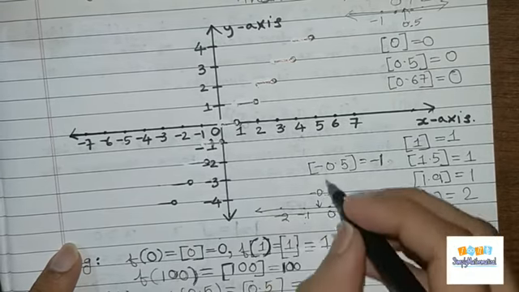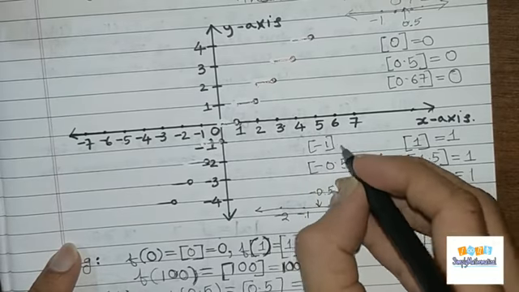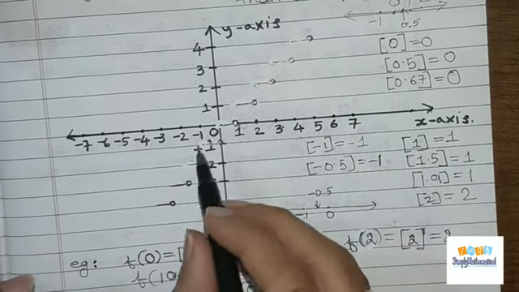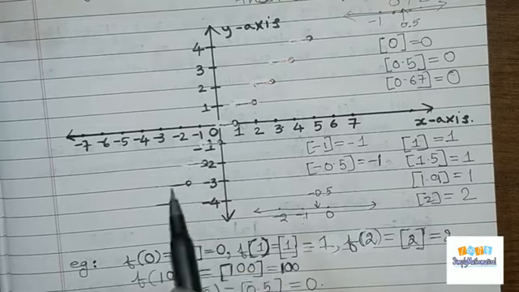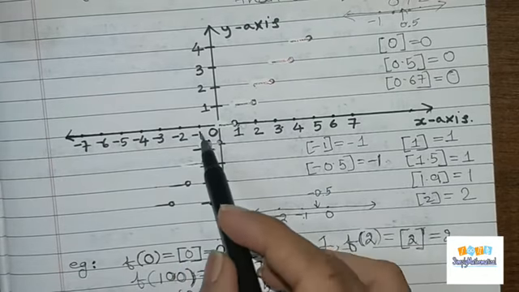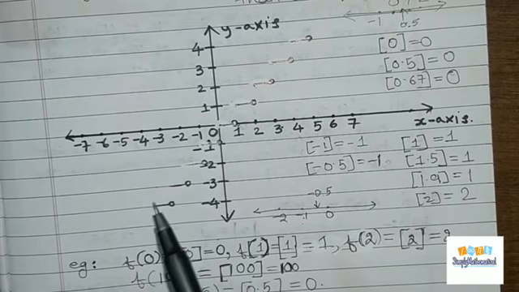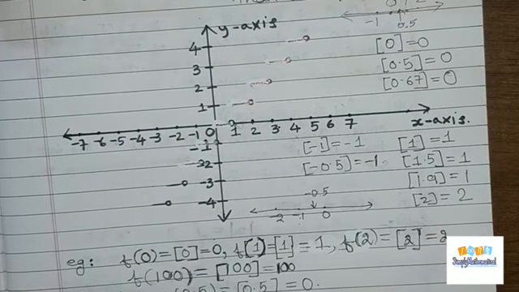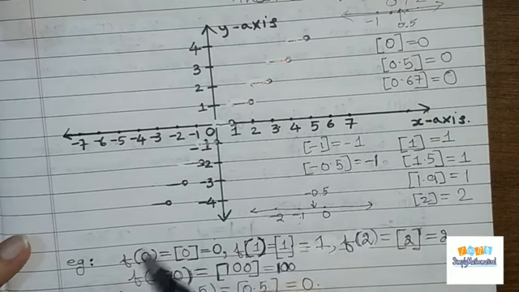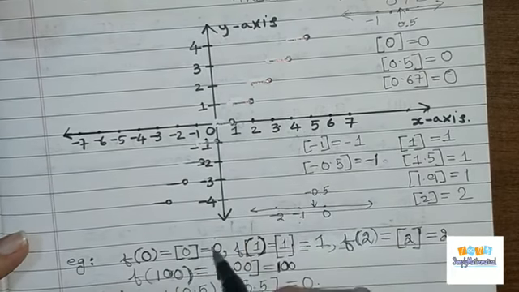So what is the greatest integer which is less than or equal to minus 1? It is minus 1, because minus 1 is an integer itself. You have to find the greatest integer less than or equal to minus 1, so you will get minus 1 only. Like that you can calculate the greatest integer function value of any real number.